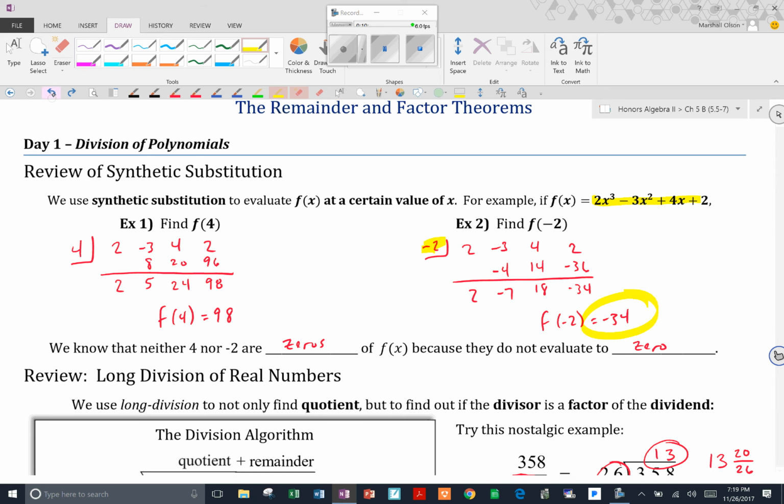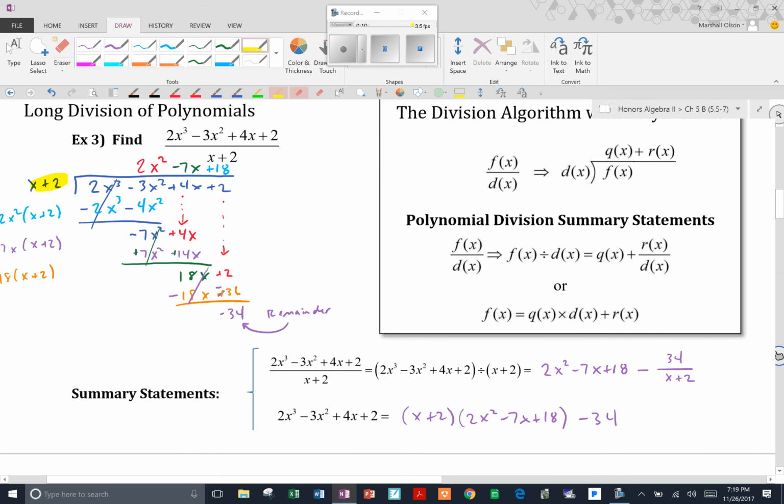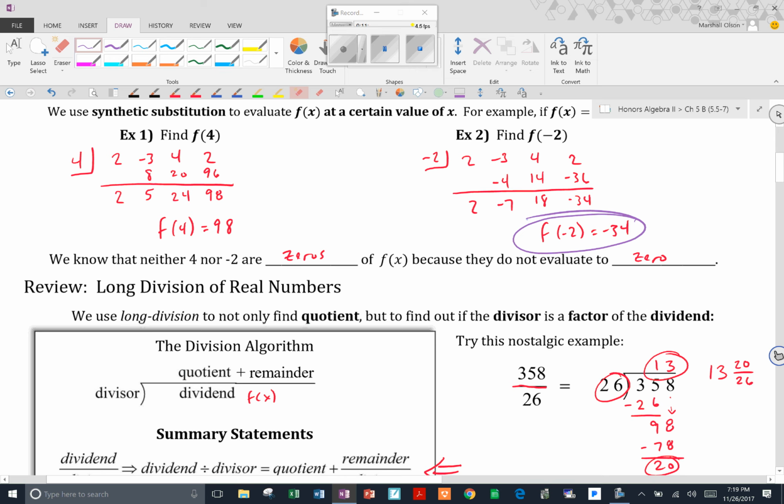Look at what the 0 of our divisor is down here. We divided by x plus 2. Its 0 is negative 2. So that negative 34 showed up in both spots. In other words, that remainder that we got is the same as what we get when we evaluate the function at the divisor's 0, negative 2.